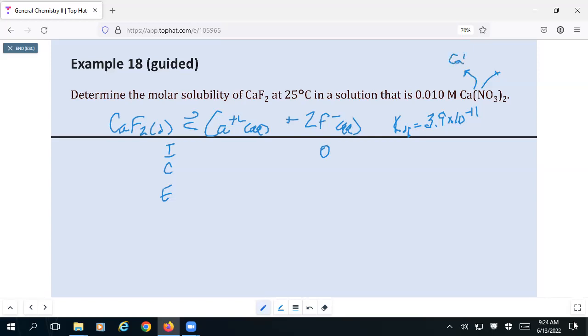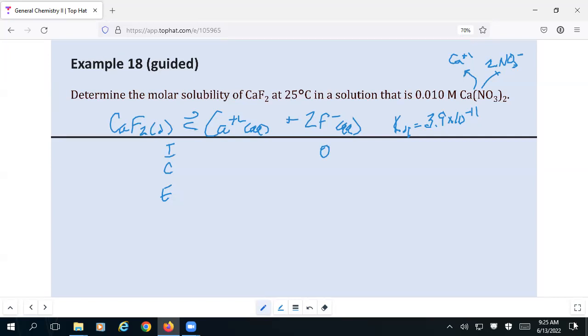So this is another important exercise for us, to understand that when it comes to common ions, we've got to figure out the concentration correctly from the solution that is giving us the common ion.